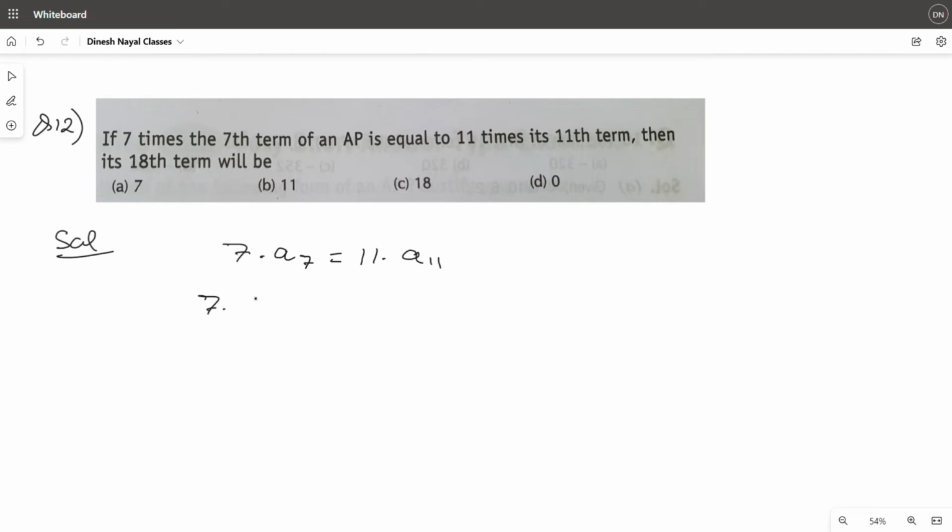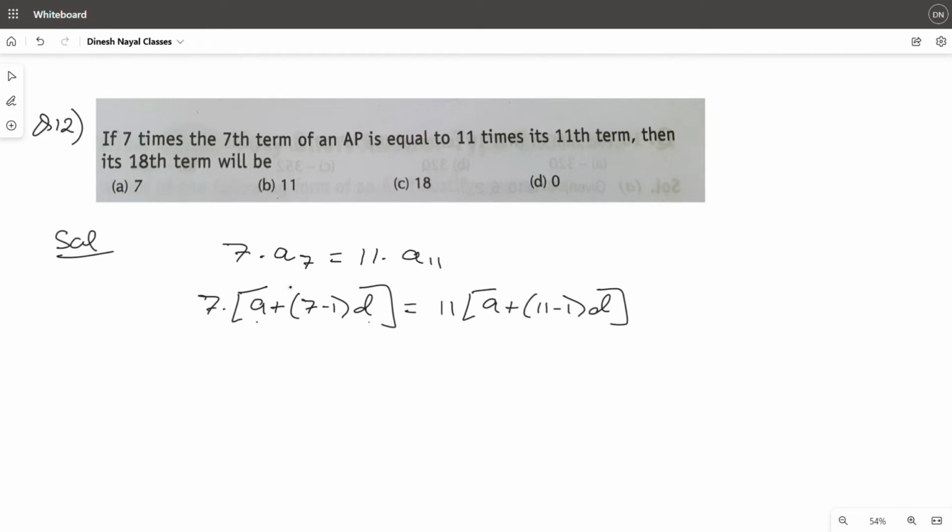Now 7 times, using bracket, this will be A plus n minus 1, so this is 7 minus 1 into D, which is equal to 11 times, bracket A plus 11 minus 1 into D. A and D will be the same because it's the same AP. So A is the first term, D is the common difference.